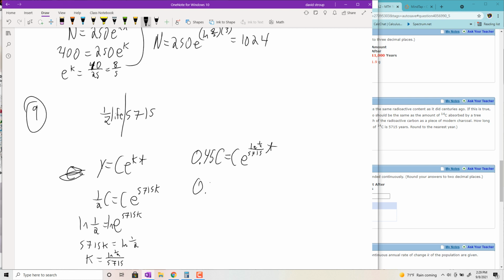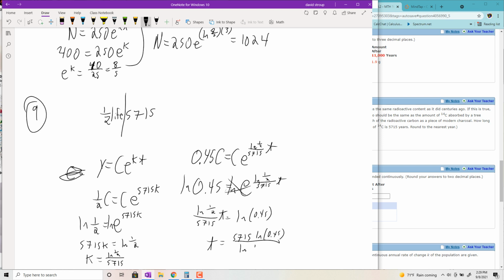Divide both sides by c, you get 0.45 equals e to the ln of 1/2 all over 5715 t. ln on both sides. So these will cancel. Ln of 0.45 equals ln of 1/2 all over 5715 times t, multiplied by reciprocal. T equals 5715 ln of 0.45 all over ln of 1/2.